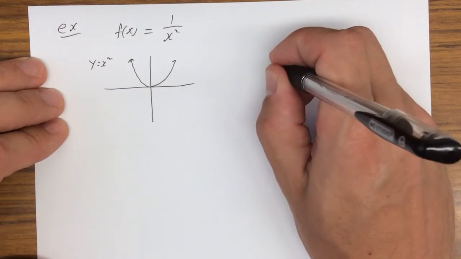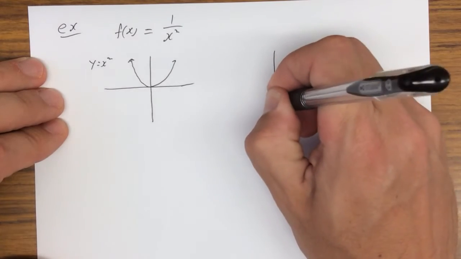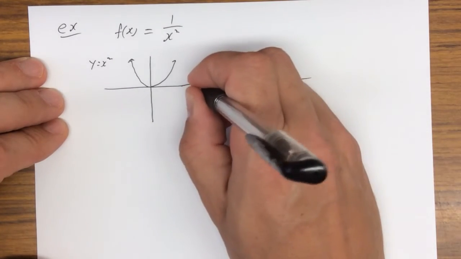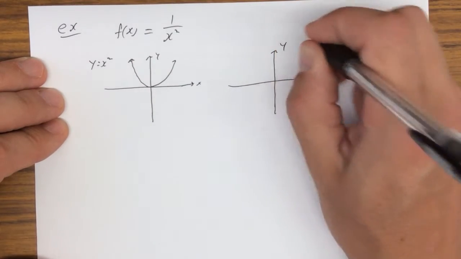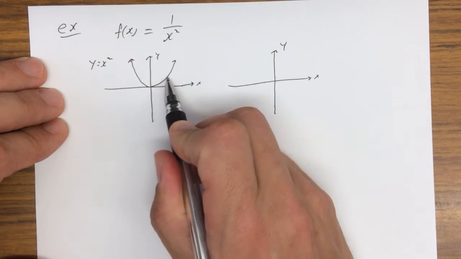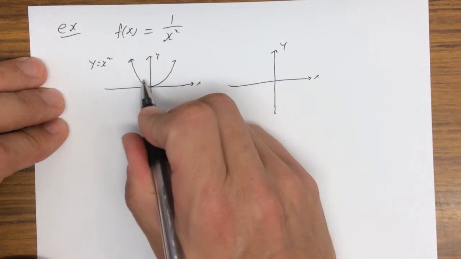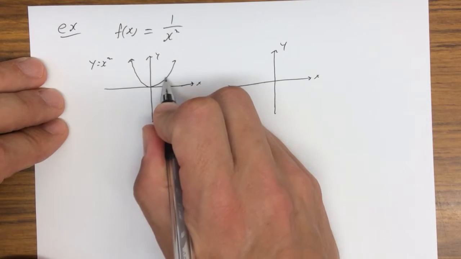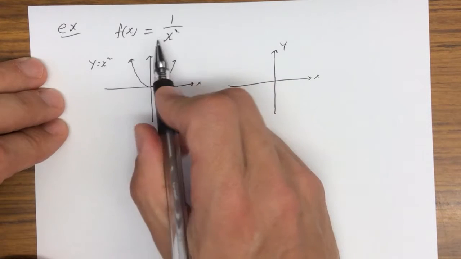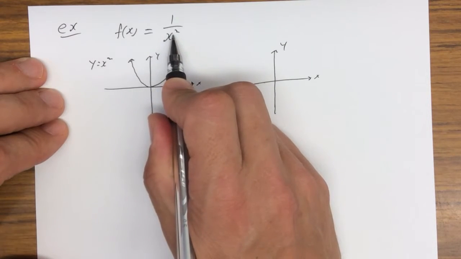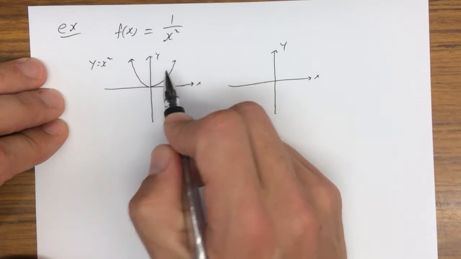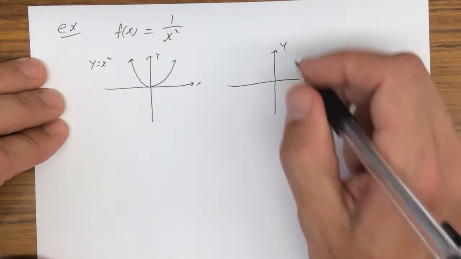So if you want to graph f of x, label the axes, then you're looking at 1 over all the y values. The points on this curve are x comma y, right? So what you're doing here is you're taking the y values of x squared and doing 1 over that to find out the new y values of this function.